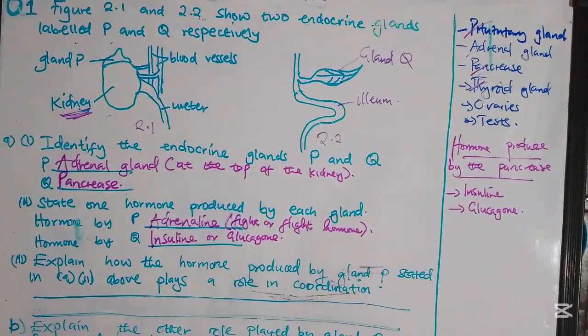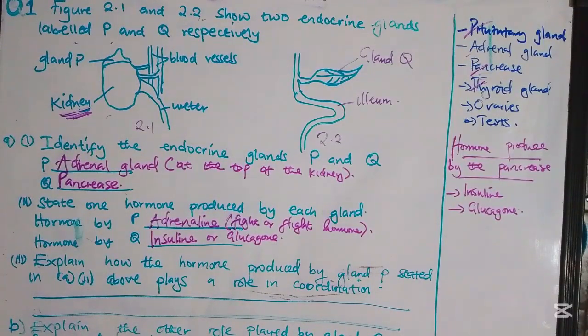How does this gland help you in coordination? The adrenaline, we said that it is produced by the adrenal gland. Once it is produced, it does what?